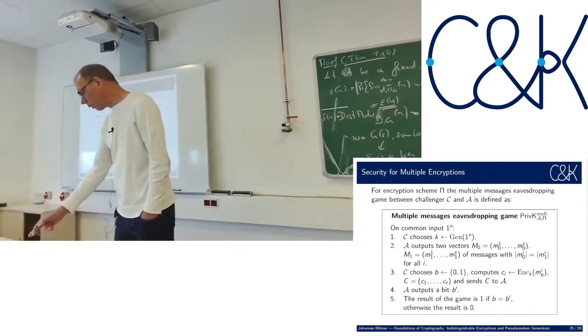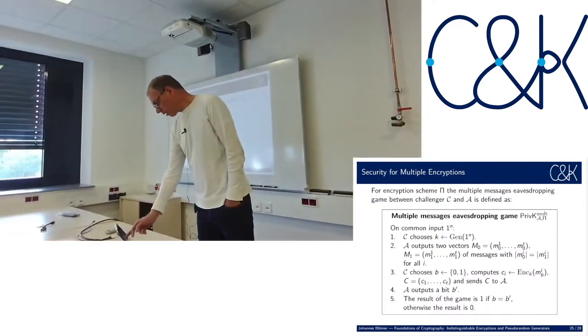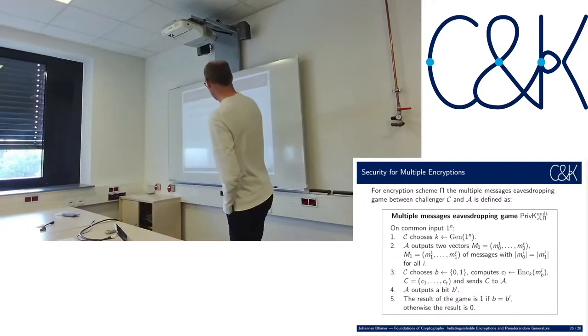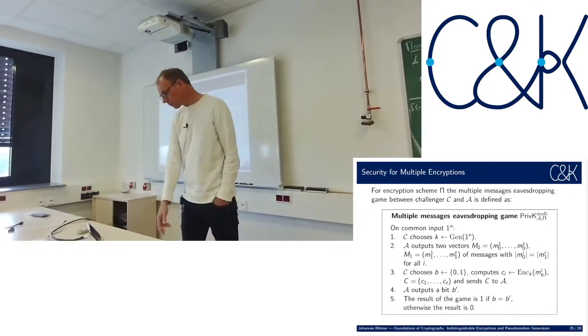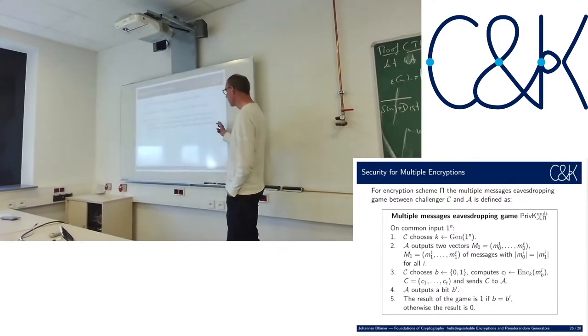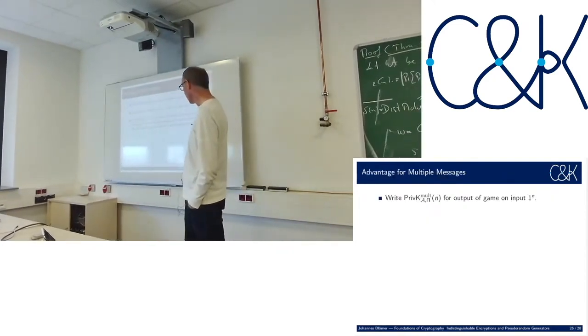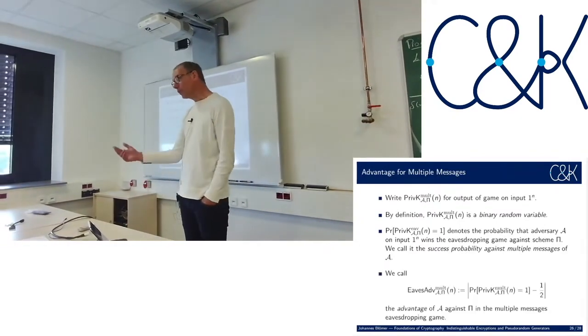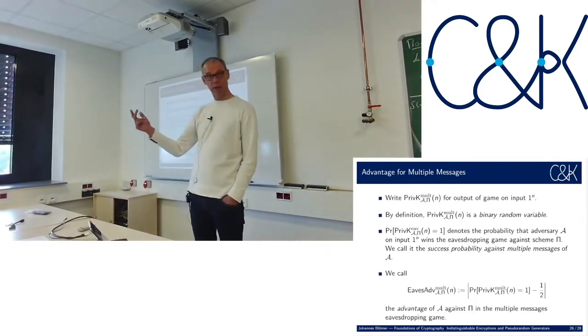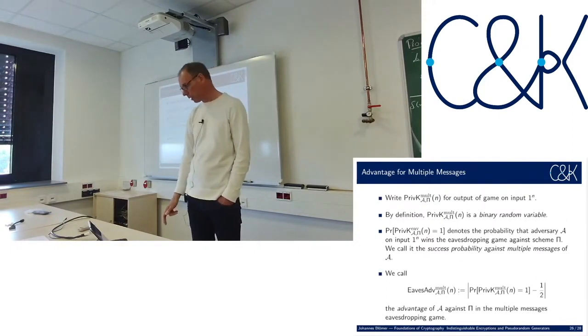And then we do our usual machinery. We write this for the output of the game on input 1 to the n. It's a binary random variable. And it denotes this probability, the success probability. And then we call it the eavesdropping advantage. We subtract 1/2. Again, 1/2 because it's only a bit. It's 2 sequences.